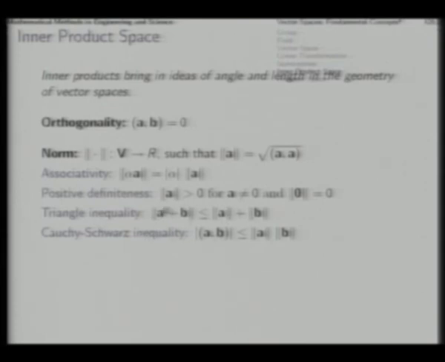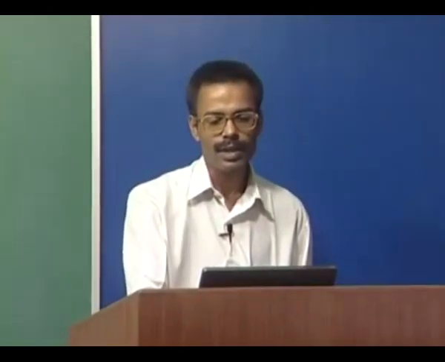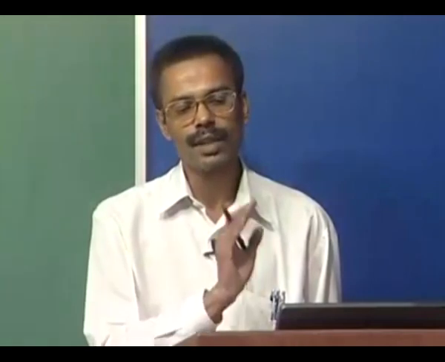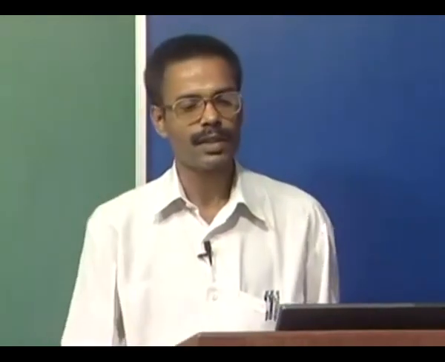Triangle inequality: norm of A plus B is less than or equal to norm of A plus norm of B, and this is the Cauchy-Schwarz inequality. The inner product will have an absolute value which is less than or equal to the product of the sizes of the two vectors. This is known as the Cauchy-Schwarz inequality.